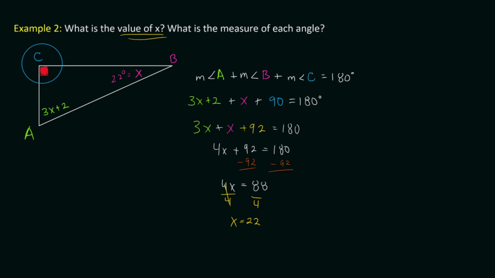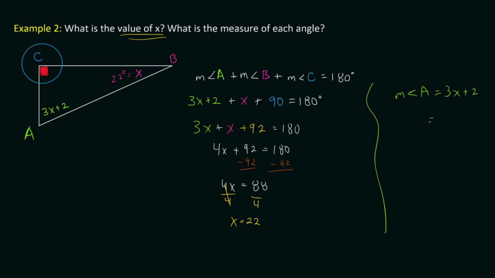And now we need to find out what angle A is. We know that the measurement of angle A is equal to 3x plus 2. But we saw that x is equal to 22, so we can replace the x with a 22.